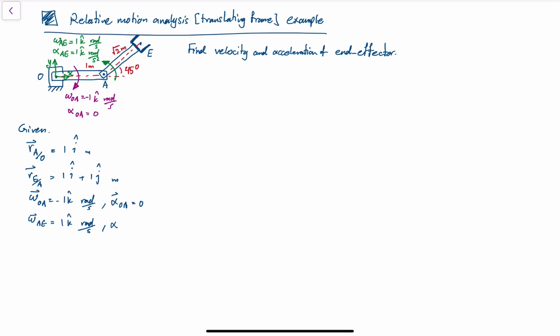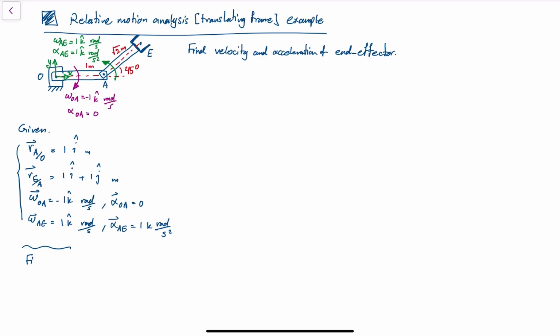Alpha AE, this one has acceleration, and that one is also positive K, 1K radians per second squared. I think that is all the information I need and are given to me, but written in a compact logical way that I can use.